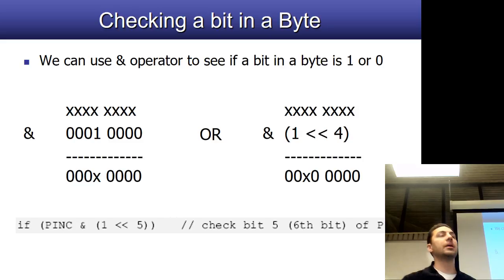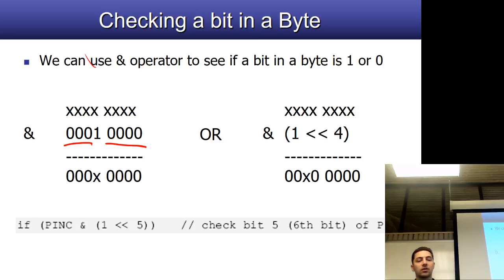We did have a skip if bit is set instruction. So checking bits. It's as simple as taking your pin register, ANDing it with the bit you want to check. Now, if you take and AND a register with a mask, that clears out most of the items. So we're not talking about setting bits right now. We're talking about checking bits. So if you want to check just a single bit, the easiest way to check that bit is to remove all the other bits.